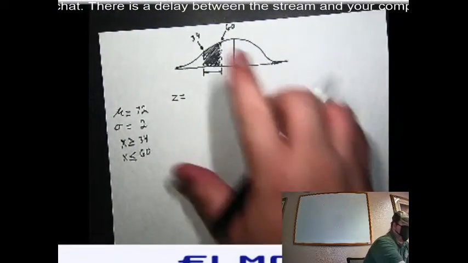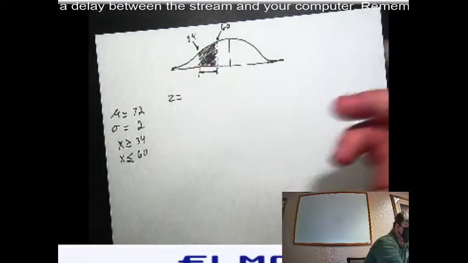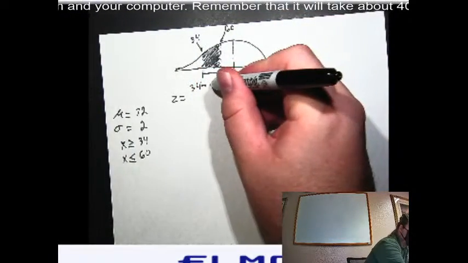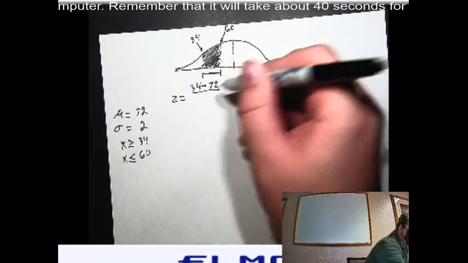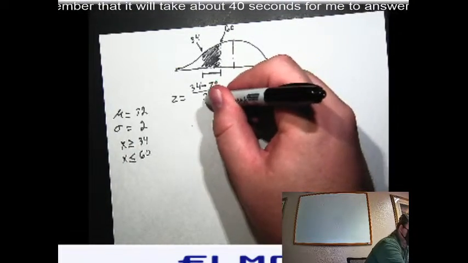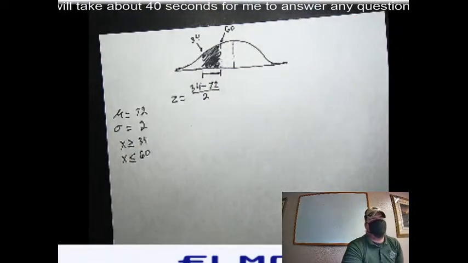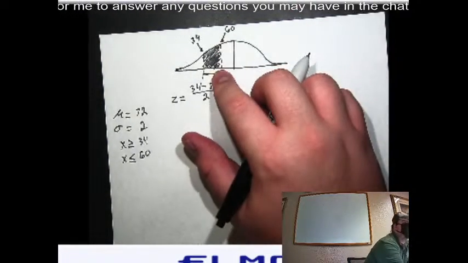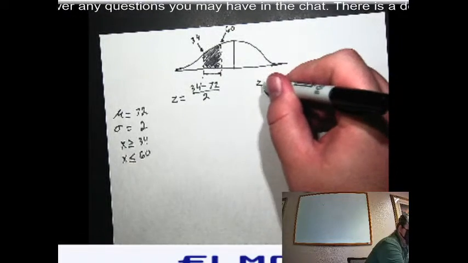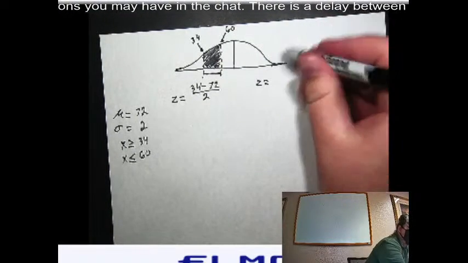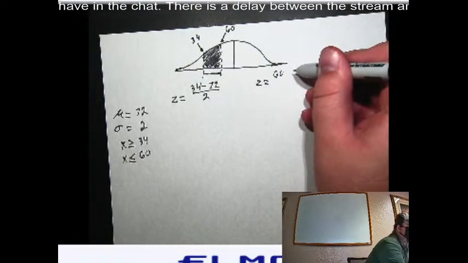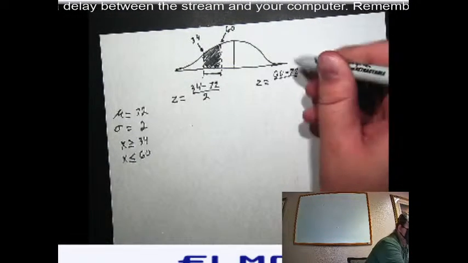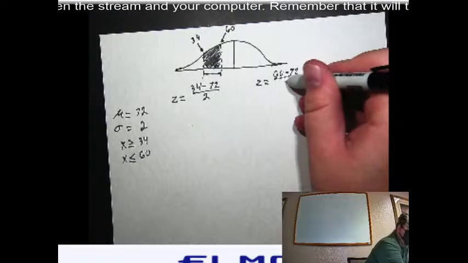So z equals, let's set up this one here. That'll be 34 minus the mean, 72, divided by sigma, 2. And then this one here is z equals 60 minus the mean, 72, over the standard deviation 2.